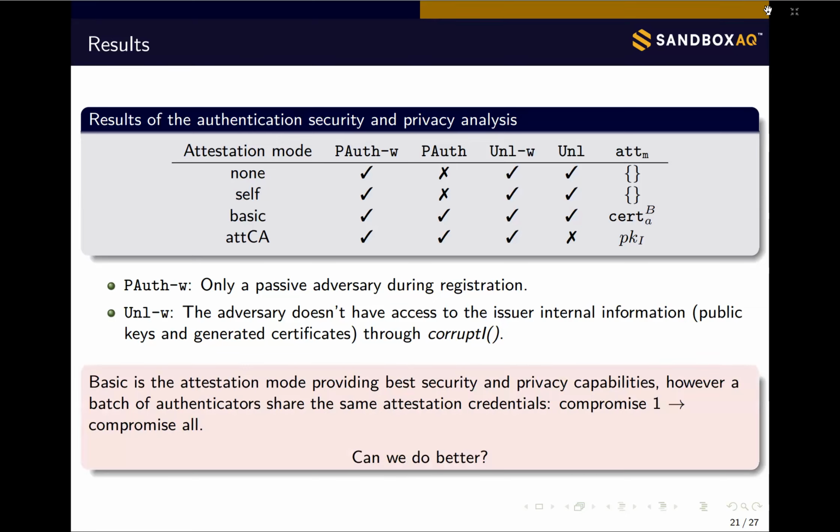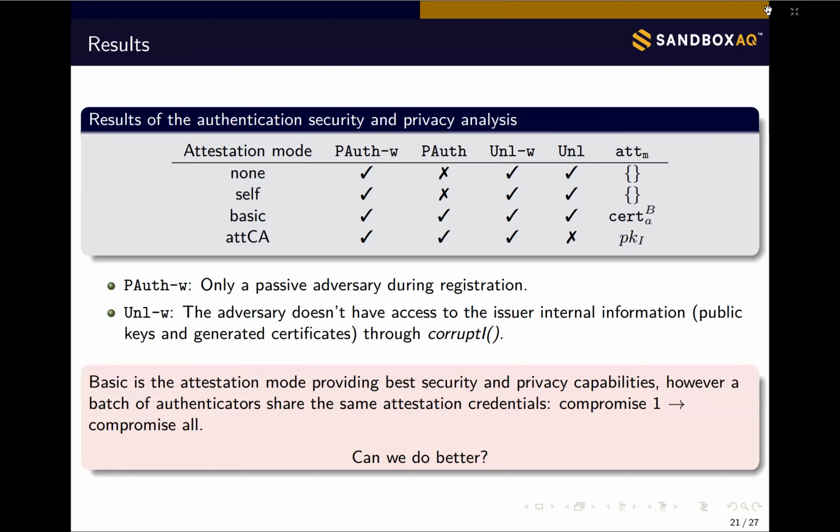So basically, it seems that basic is the attestation mode providing the best security and privacy guarantees. However, we weren't totally convinced because we saw a main weakness in this attestation mode: because we have a batch of authenticators sharing the same attestation keys, in case you compromise one of them and leak the attestation keys, then all of the authenticators of the same batch are compromised automatically.